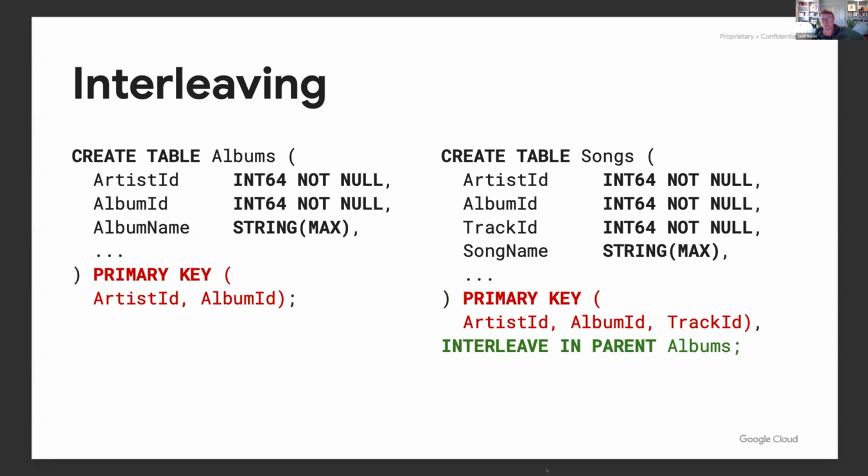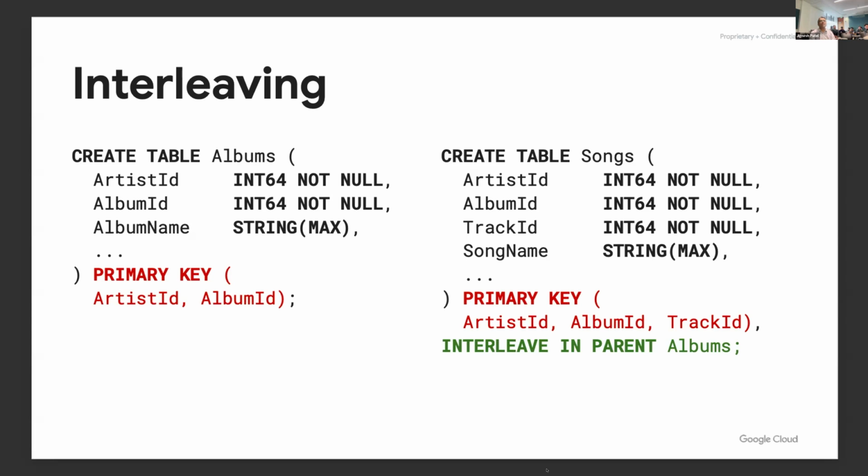And what that will do is it will store the information on disk with all of the songs for an album coming immediately after the parent album key. Next slide.